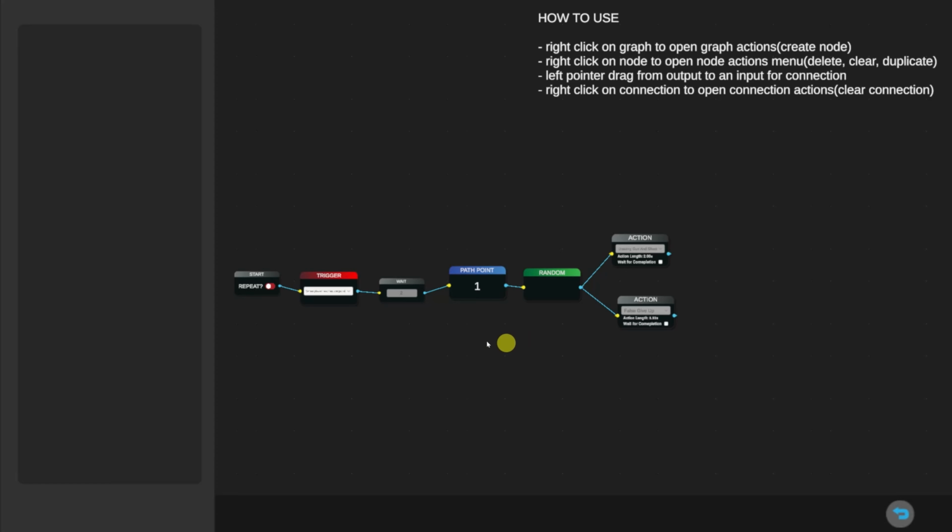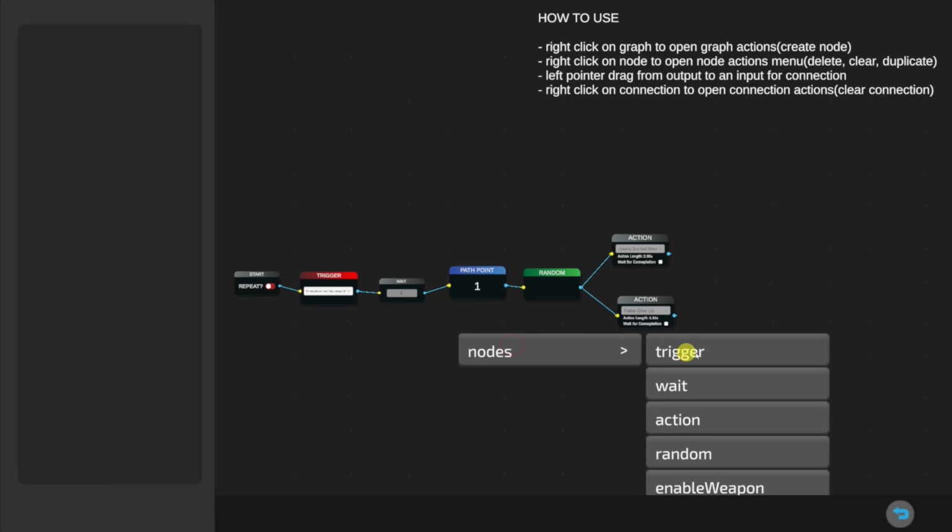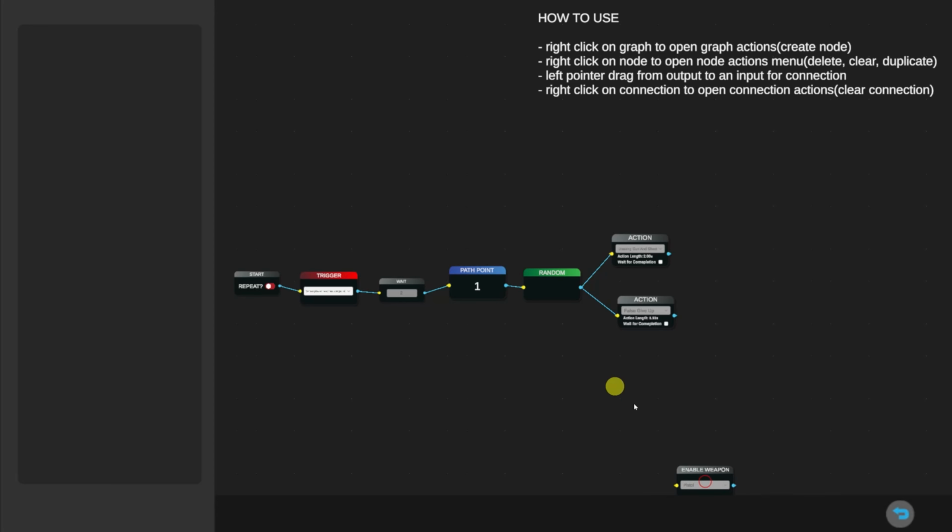I could add in, let's see, let's talk about enable weapon. So if I wanted to have the gun already drawn and in their hands when they walk out to that path, then I could add this in somewhere up here so that it basically already enables the weapon. So right now I have pistol or knife, and it puts it in their hand. That way when they walk into the scene, they already have a gun in their hand.